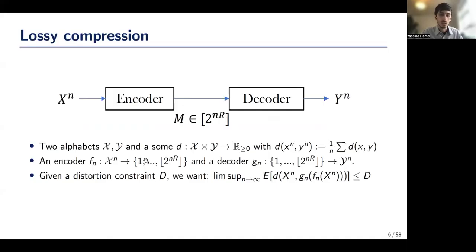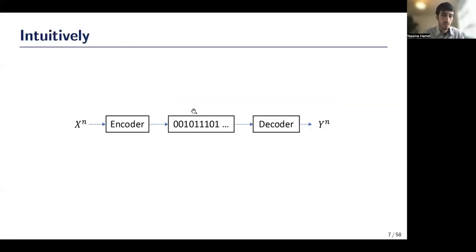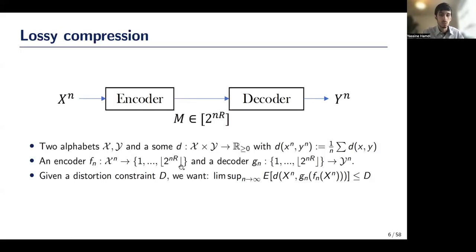Because you can have a bijection between the set of integers from 1 to 2^(nr) and the set of strings of zeros and ones of length n multiplied by r. That's why we look at this kind of integer sets. And so this is a mathematical formalism to be able to talk about the number of bits, the number of zeros and ones that we need for compression.